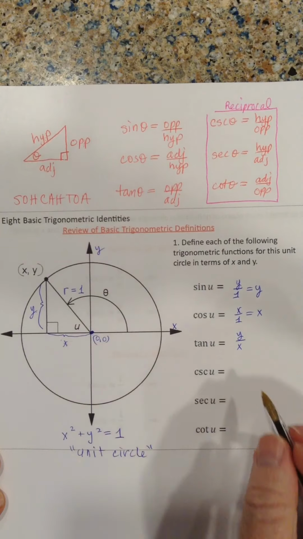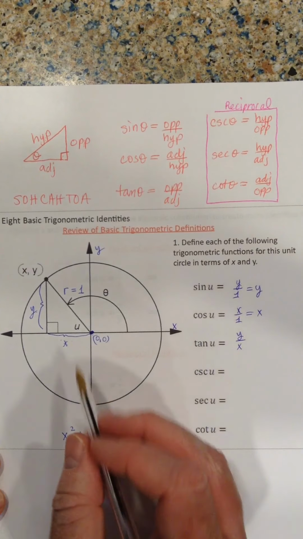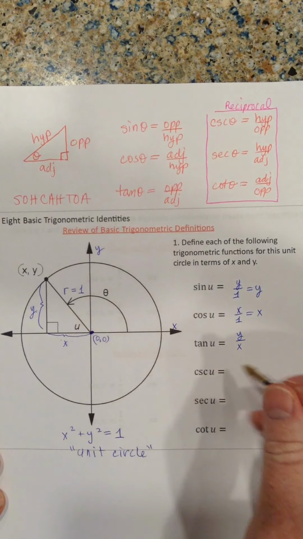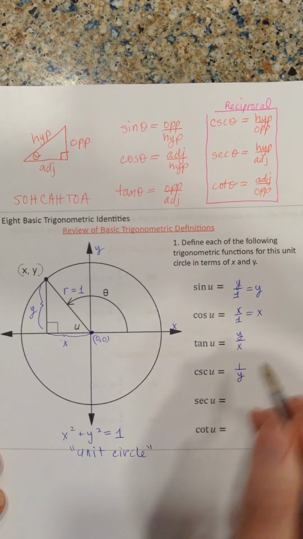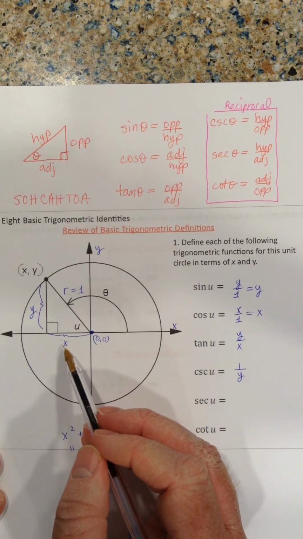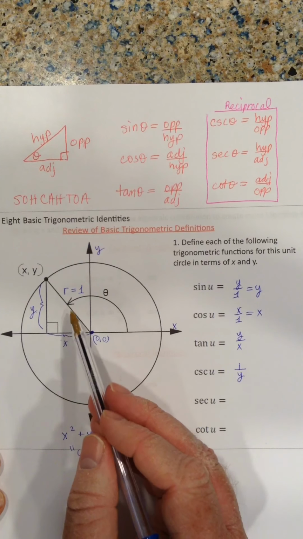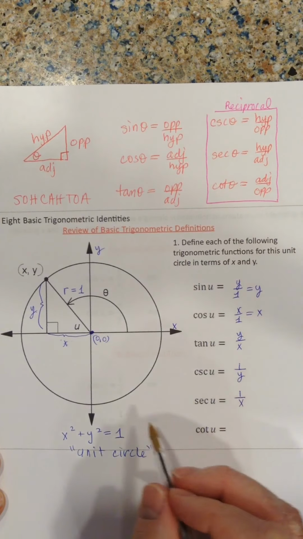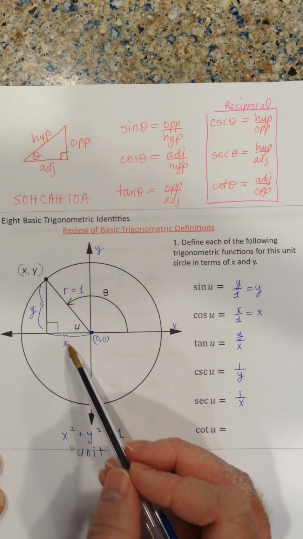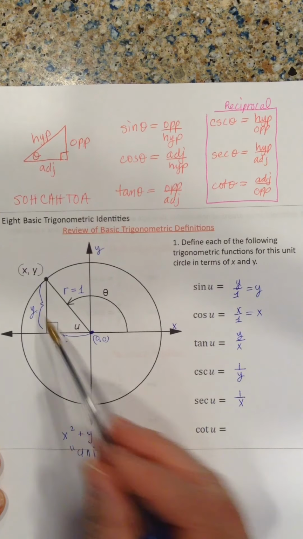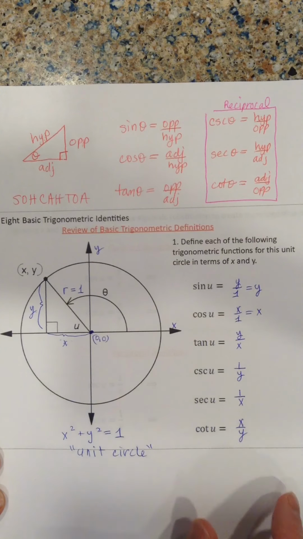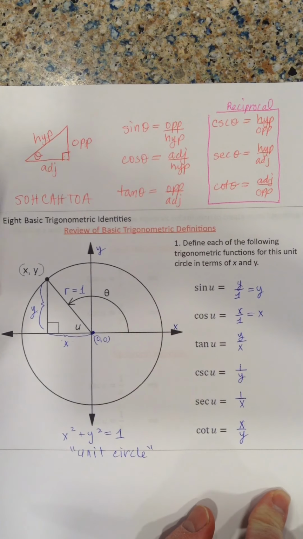You get cosecant of theta is hypotenuse over opposite. Secant of theta is hypotenuse over adjacent. And cotangent of theta is adjacent over opposite. Okay, so those are the basic definitions.